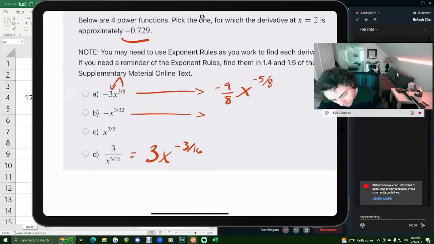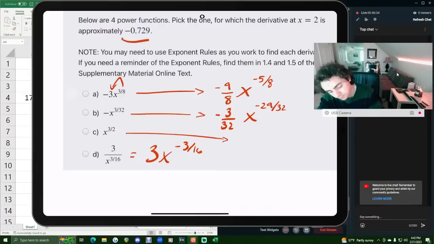So the second one, we bring out the negative 3 over 32, or basically we bring out the 3 over 32 and multiply it by that negative out in front. So it just becomes negative 3 over 32. We leave the x, and then 3 minus 32 is negative 29, and we leave that over 32.